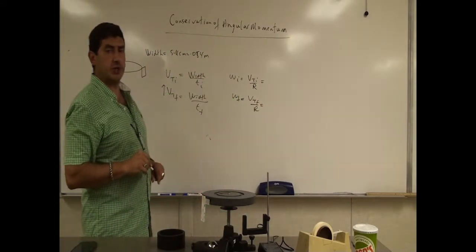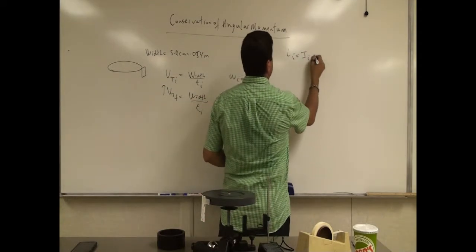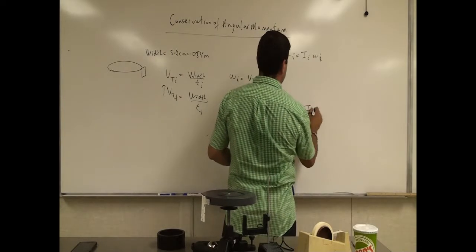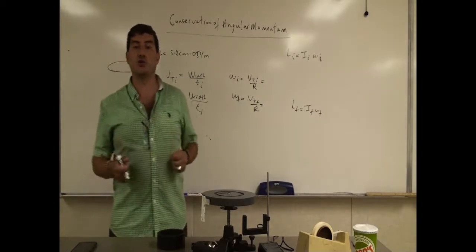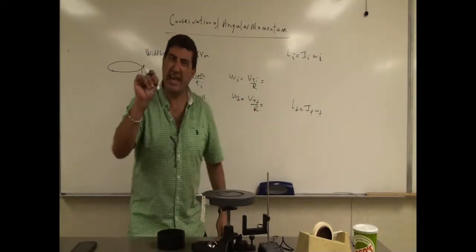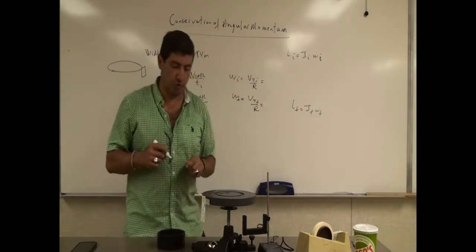Once I calculate omega initial and omega final, I can calculate the initial angular momentum, I initial omega initial, and then the final angular momentum, I final omega final. And I can show that these two are equal to each other, or at least the angular momentum final maybe is a tad bit smaller than the initial angular momentum, but not that much smaller, okay?